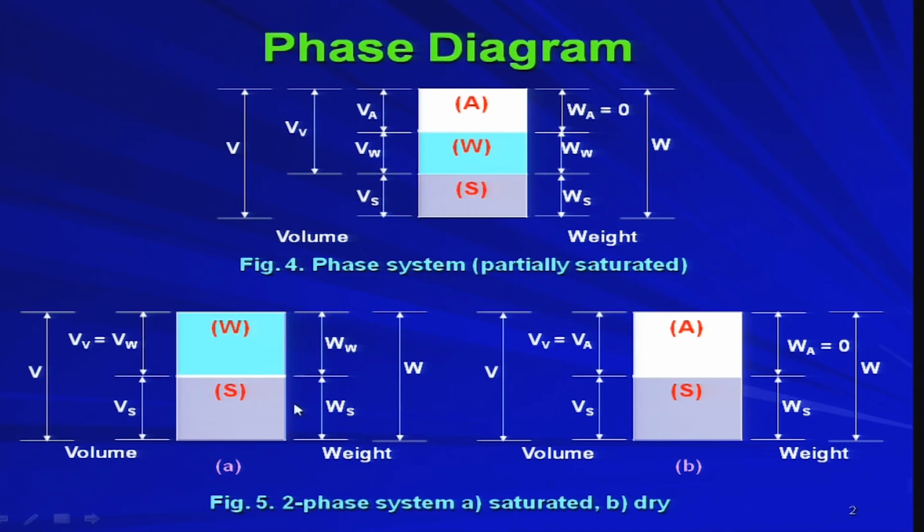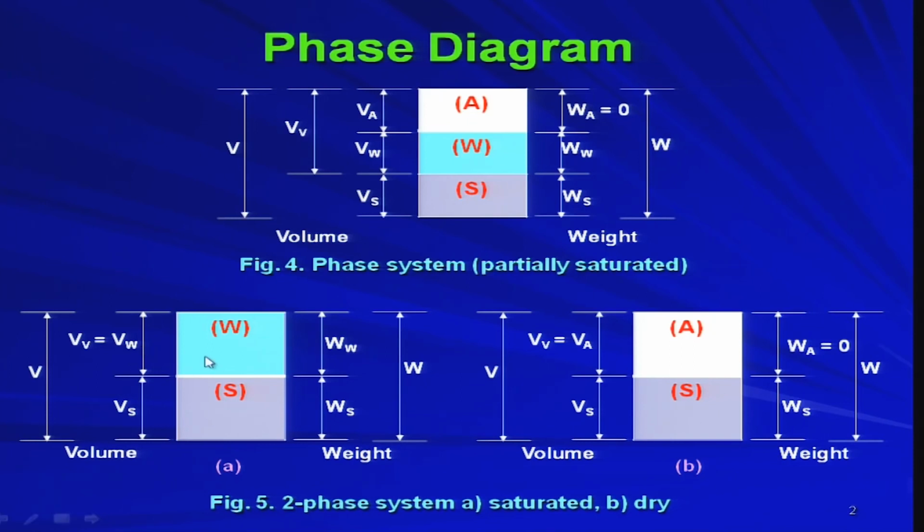If you consider the saturated soil, the 3-phase system becomes a 2-phase system, where you have soil solids and water. The total weight W is made up of the weight of solids Ws and weight of water Ww, whereas the total volume of the matrix V is made up of the volume of solids Vs and volume of water Vw.